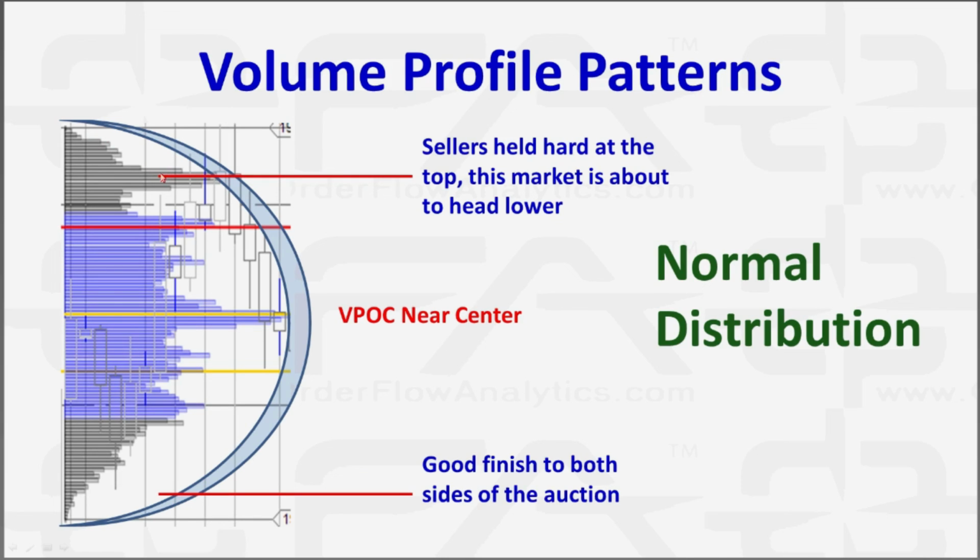And here's the reason. If you think about what's happening behind the scenes in the auction, the reason that volume is being generated, think about it. Price is not moving any higher. Volume is being generated in a big way. There's a lot of activity.